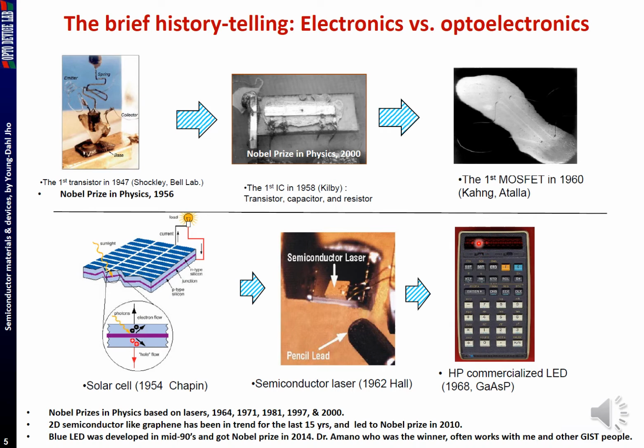These days the colors are quite different, like blue, red, white, green, and so on. Those are all because of the following inventions, mostly from Japan. Those are explained here. Okay.